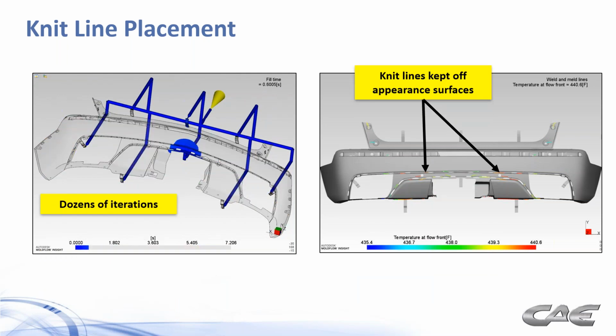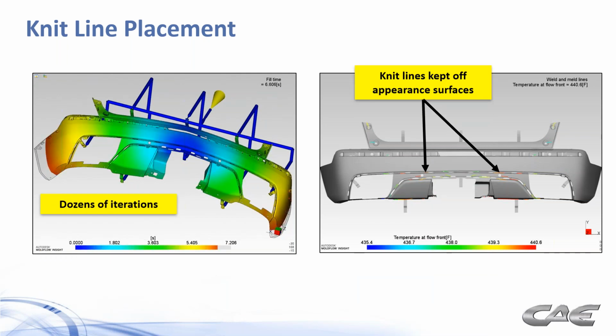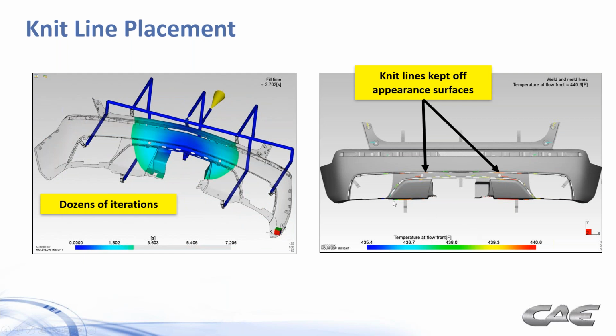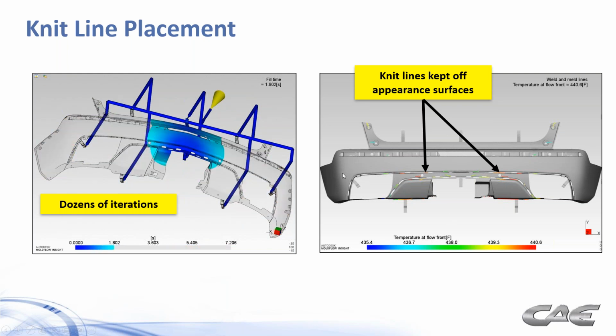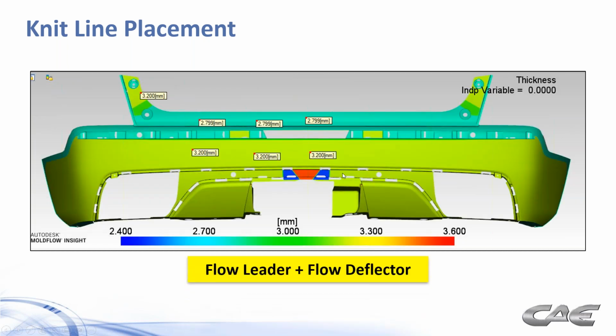Here's another knit line placement situation. Symmetric part, we want to be able to fill center out, but we've got all kinds of appearance surfaces that we have to deal with. And so we were able to not only get a valve gate sequence that we want to keep knit lines off of the appearance surface, and you can see where all the knit lines occur here, but we had to be a little creative with how we changed our part design on this too.